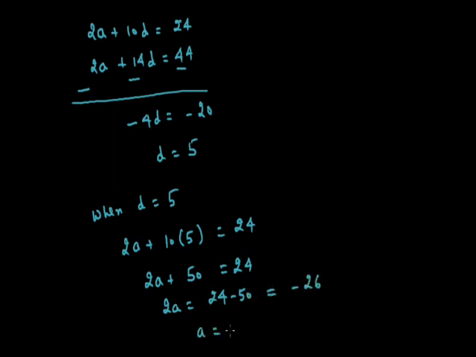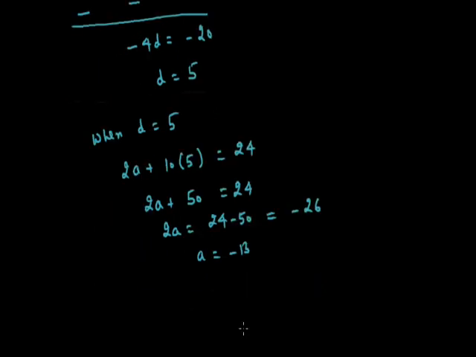So a equal to minus 13. Value of a is minus 13. Now we have to find the first three terms. So the first term a is equal to minus 13.